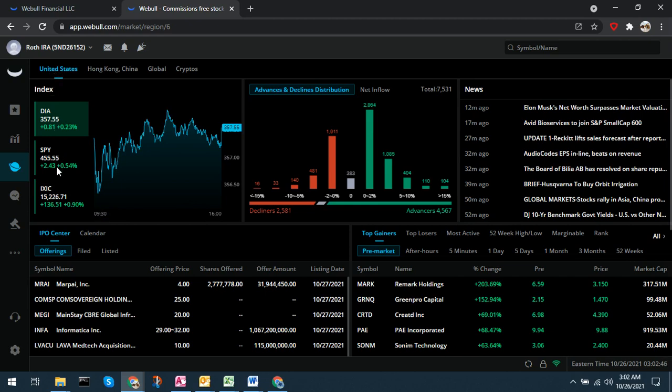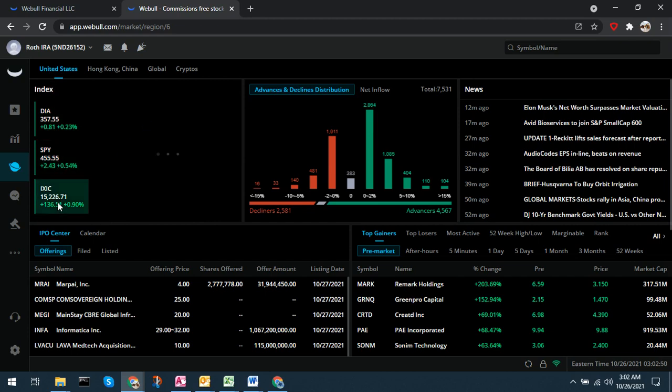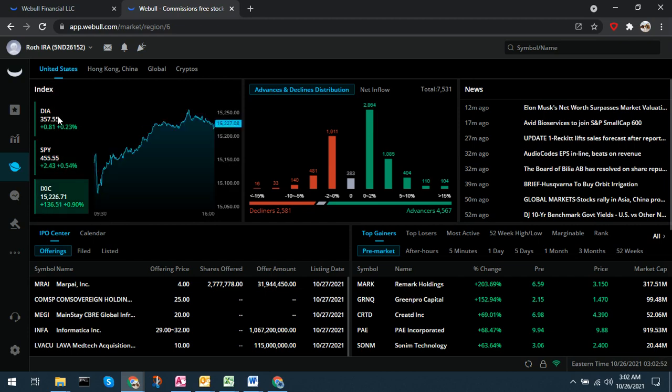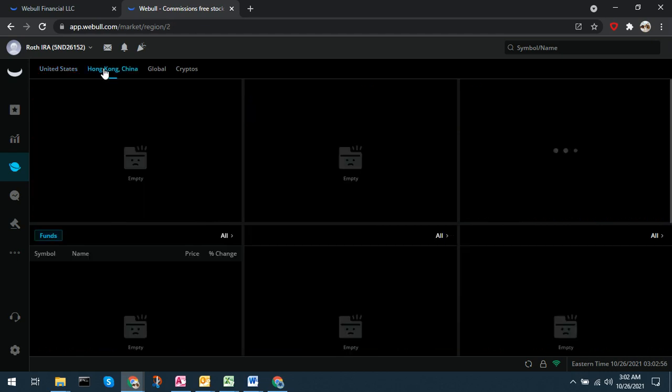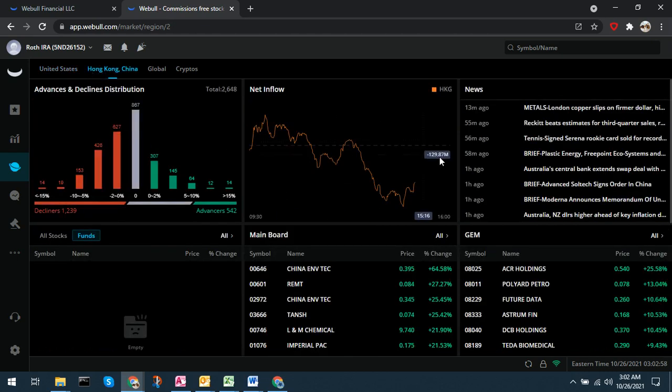We can see the main indices, the Dow, the SPY, how each has performed in the past day. We can see Hong Kong and China markets if you're trading foreign markets. We can see advancers, decliners, inflows for Hong Kong.